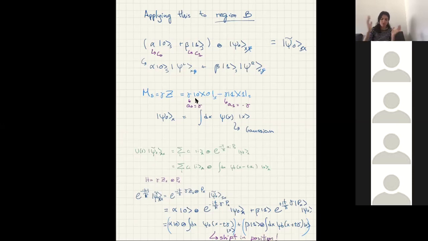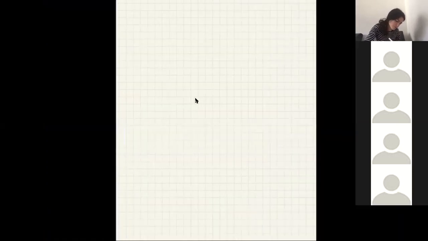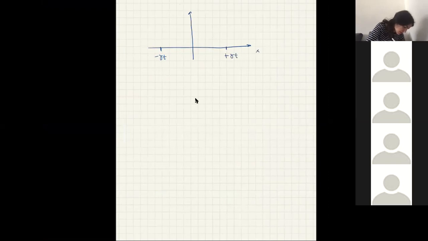I'll just draw what we got first: one here and the other one here, where this area is given by beta squared and this area by alpha squared.